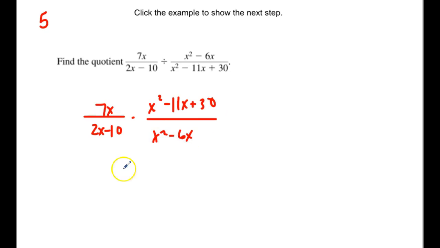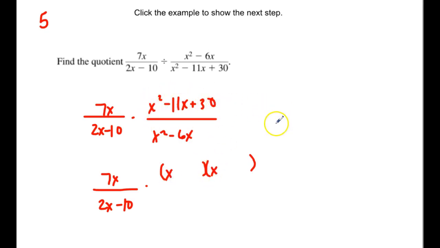So first thing I want to do is simplify and factor as much as I can. So my entire first rational term cannot be simplified. I can't factor anything out of either part. So now let's look at the numerator. The numerator I know is going to be able to be factored because it's a trinomial.